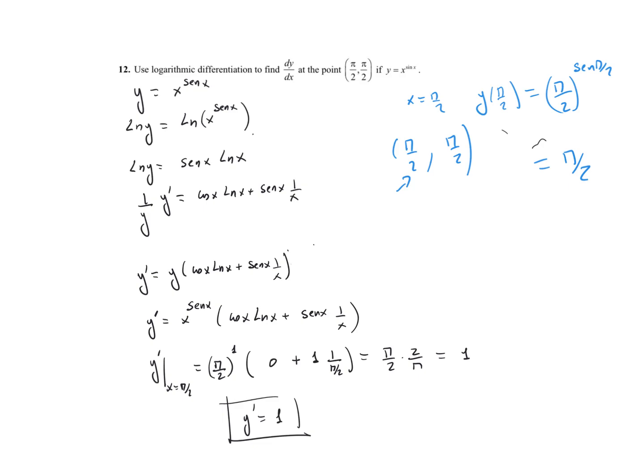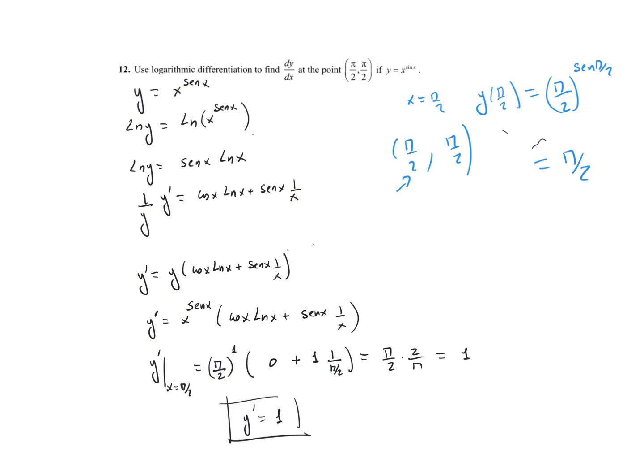If I introduce the value of pi divided by 2 in my final expression, it will be pi divided by 2 to the sine of pi divided by 2, which is 1, times cosine of pi divided by 2, which is 0, by the log of pi divided by 2, whatever it is. 0 by something is 0. Plus sine of pi divided by 2, which is 1, times 1 divided by pi divided by 2, which is 2 divided by pi.